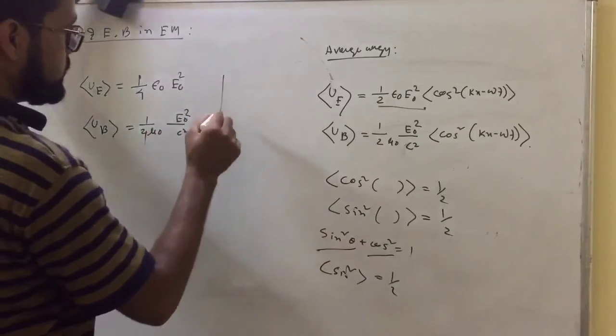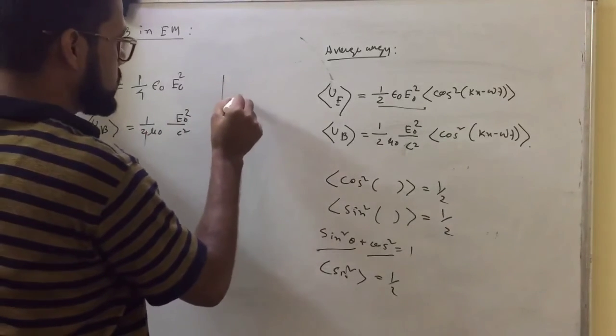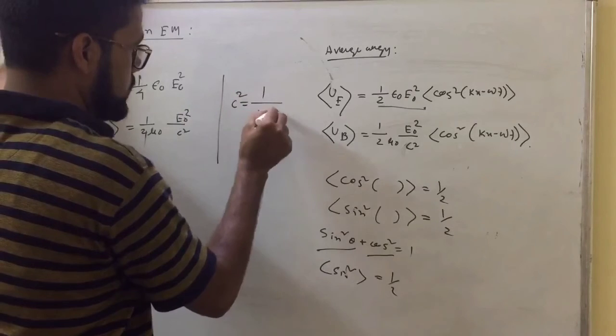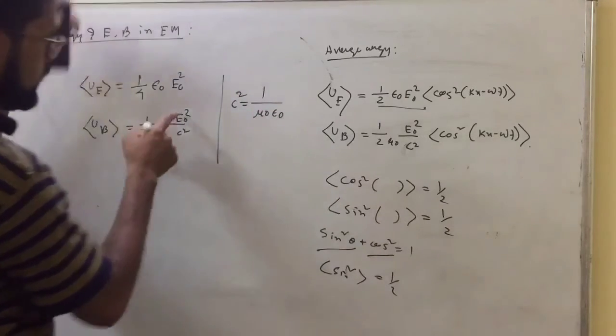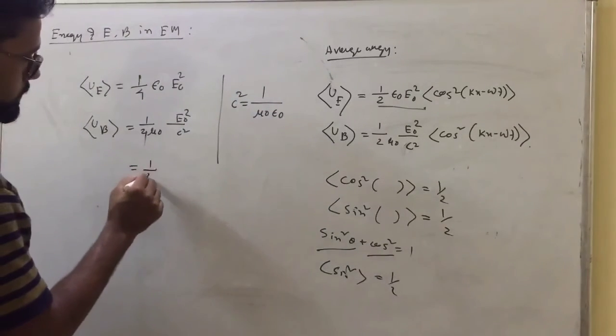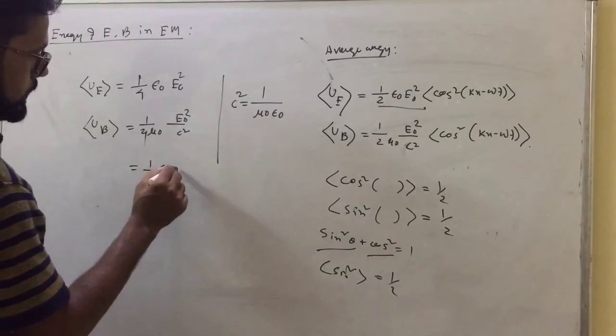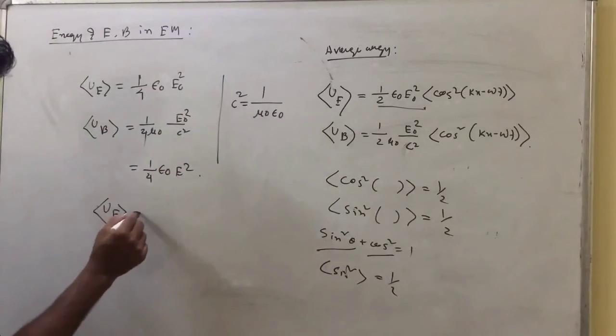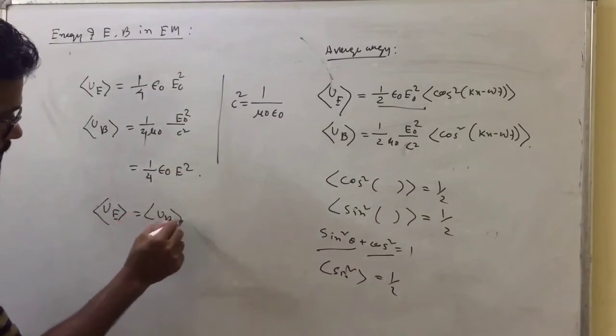Now if you see, c square equals 1 by mu naught epsilon naught. If you put this value, you will get 1 by 4 epsilon naught E square. That means energy E equals energy B.